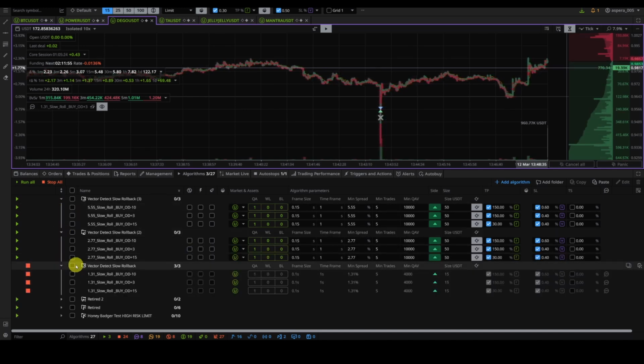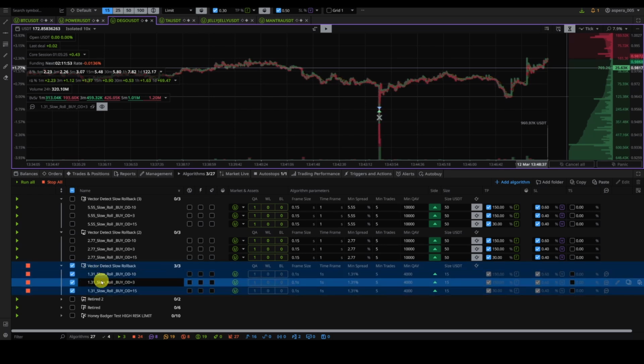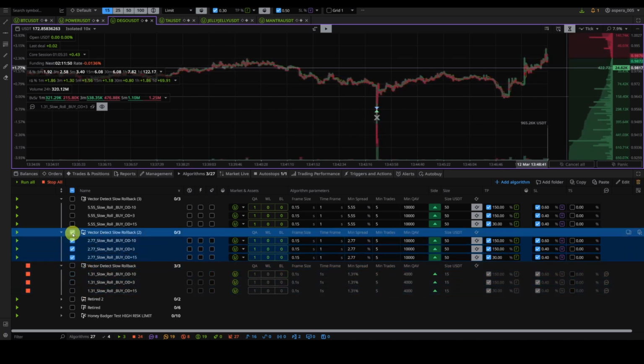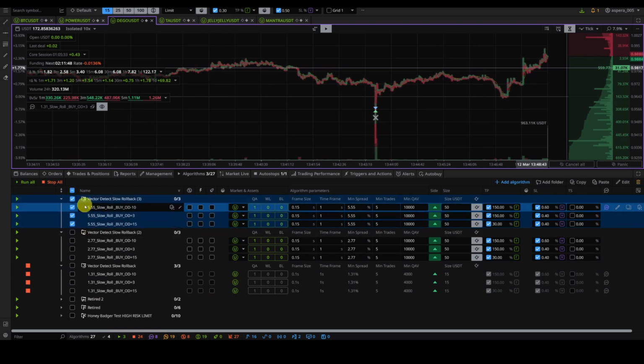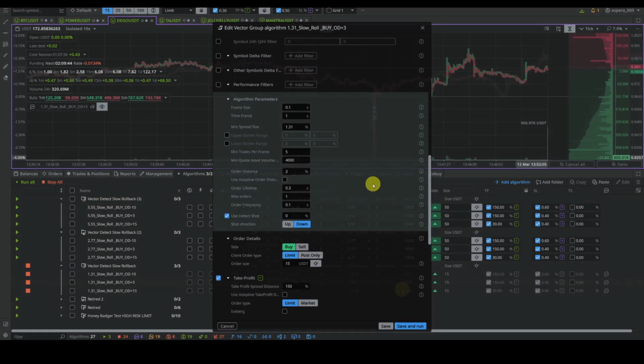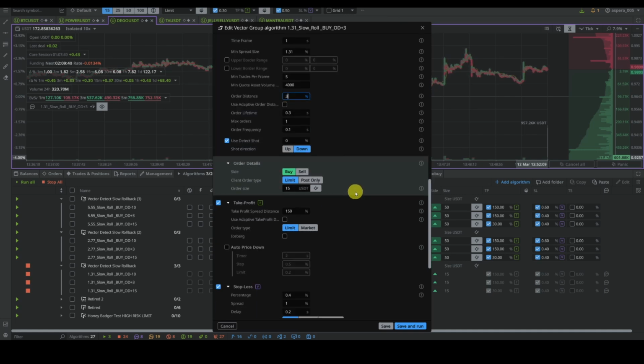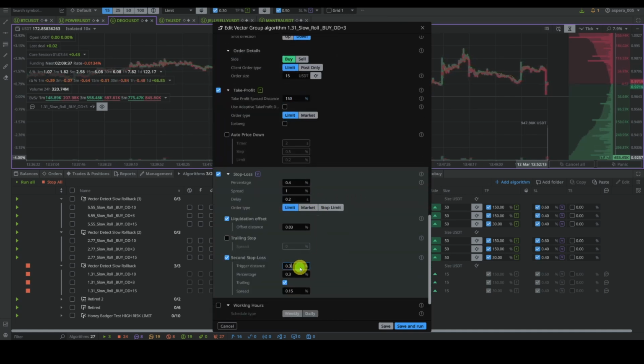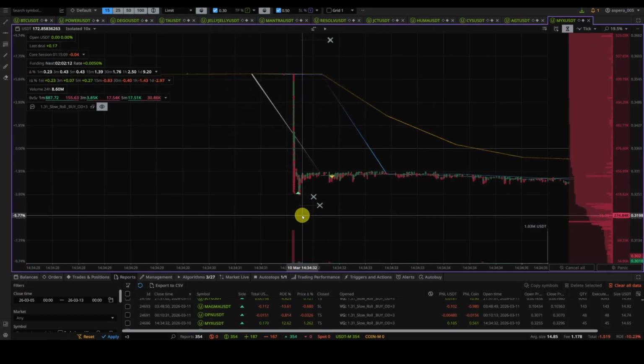The distances were first around 1 to 1.3%, then around 3%, and also around 5%. And the order setups were plus 3% with a 150% take profit and a trailing stop loss aimed at shots that did not really roll back initially.